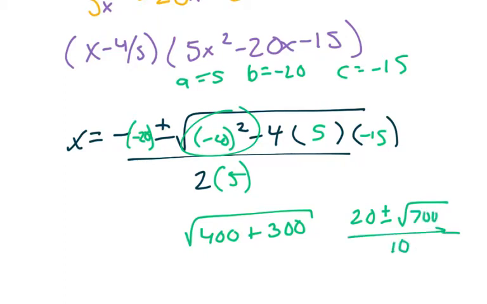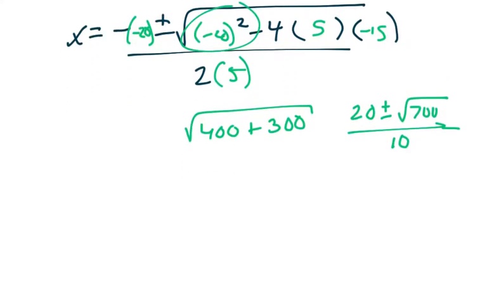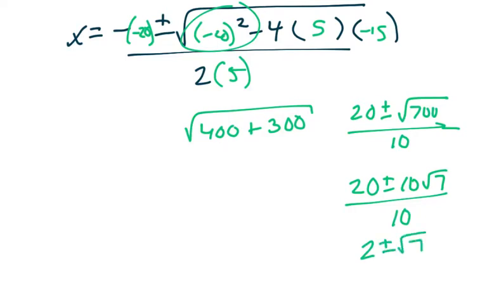Super. And so we have two irrational zeros. I am going to see if I can simplify this, which I can, because square root of 700 is the same as 7 times 100. So we have 20 plus or minus 10 square roots of 7, which means that it's 2 plus or minus square root of 7 as our other zeros.